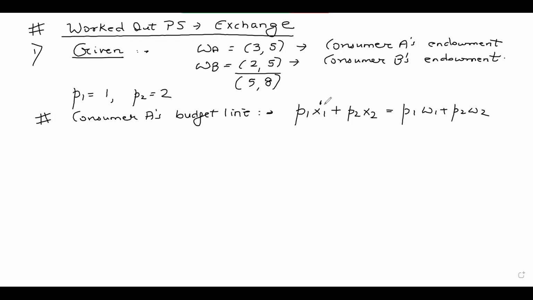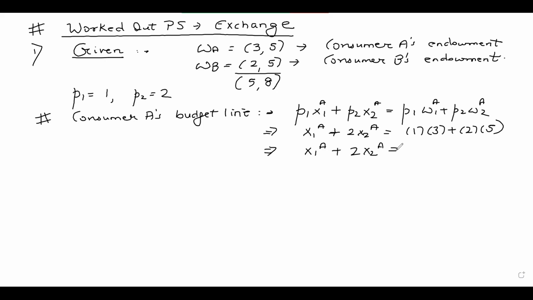Since we are talking about consumer A, the superscript denotes consumer A. Putting in the values: P1 is 1, so 1 times x1A; P2 is 2, so 2 times x2A; P1 is again 1, omega 1A is 3, P2 is 2, omega 2A is 5. So the equation of consumer A's budget line is x1A plus 2x2A equals 3 plus 10, which is 13.